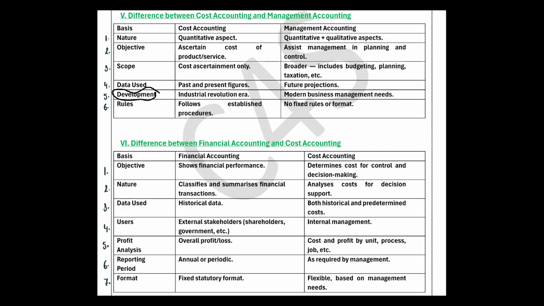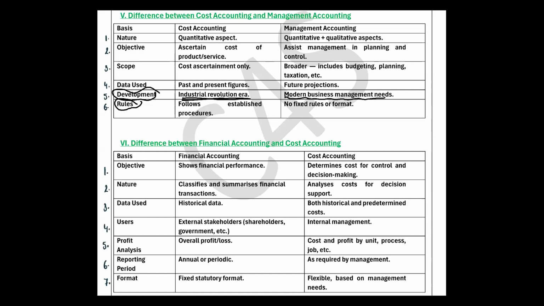Development. What is the development of cost accounting? The industrial revolution era. After 1991, there was an industrial revolution era in our country, so cost accounting was needed. But management accounting is for modern business and management needs. You need to understand this. Rules.